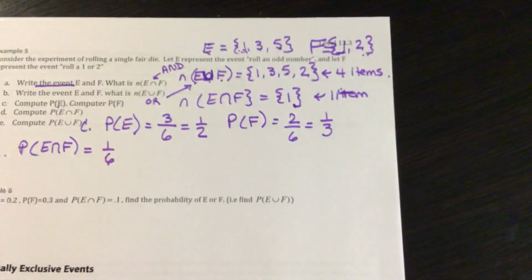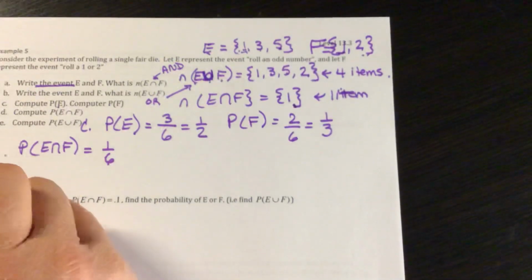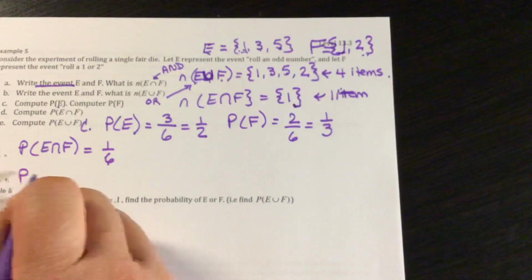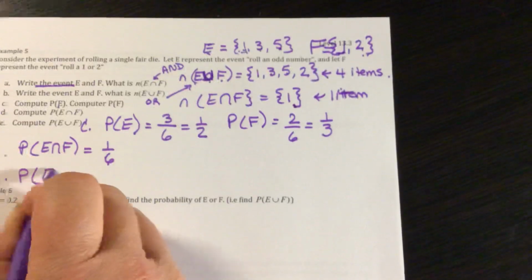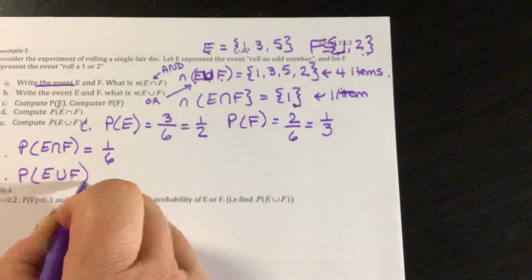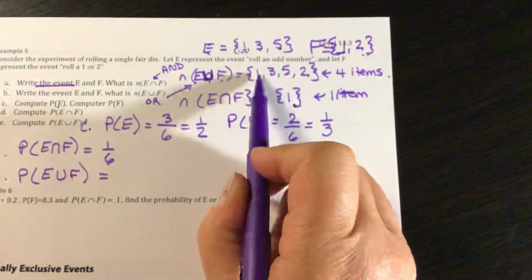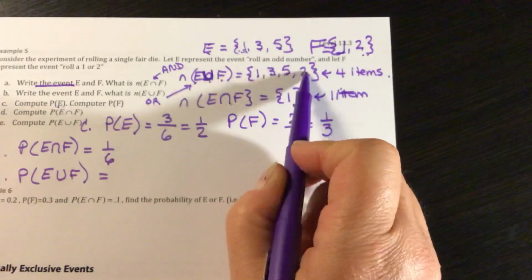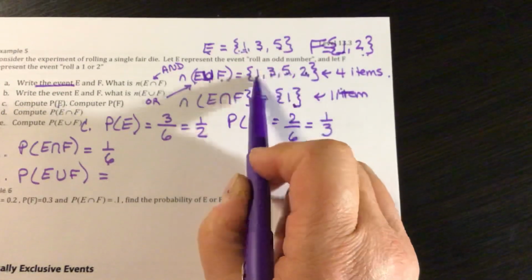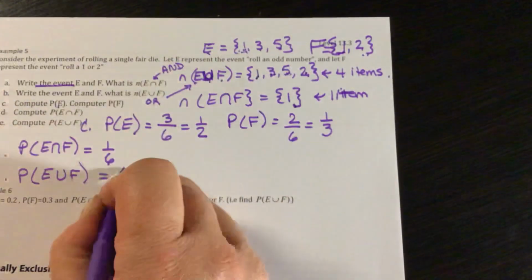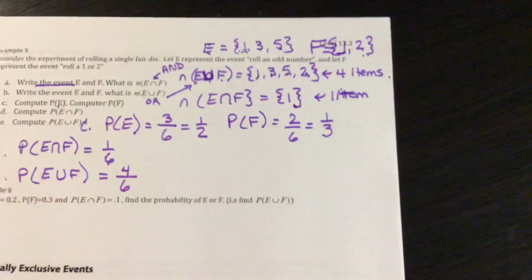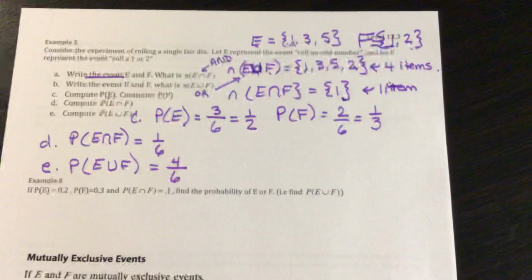So that would be 1/6. And for part E, I want the probability of E or F happening. And if I go back here, I have 4 things in my sample space out of 6 possible outcomes.